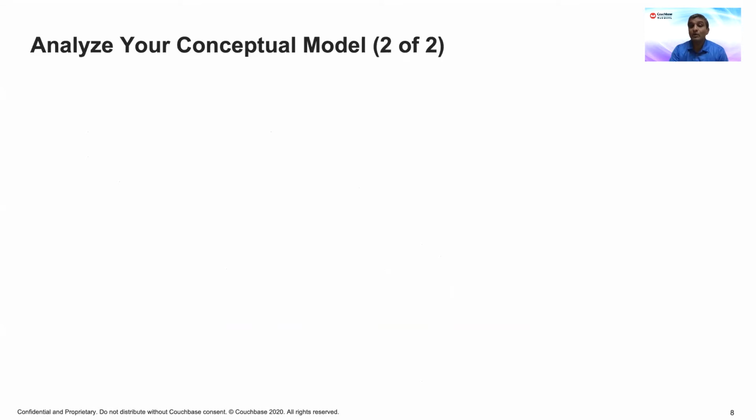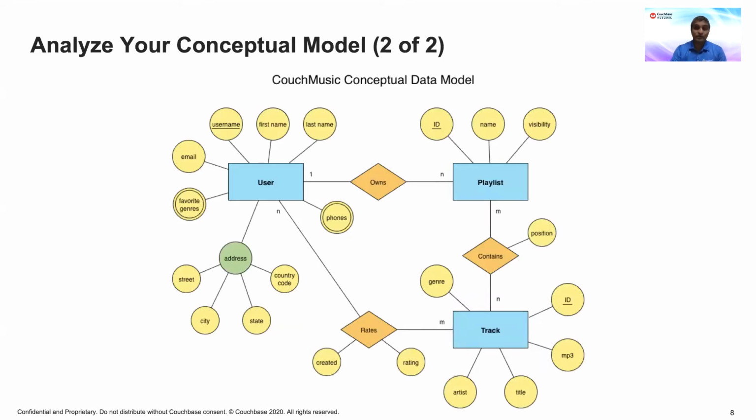Let's take an example of the Couch Music data model. It's the same data model that you use in your certification. You can see here, I've identified different entities: an entity called user, the playlist entity, and the track entity. I've identified the relationship between them.